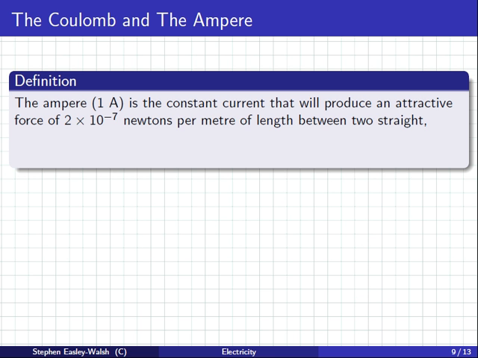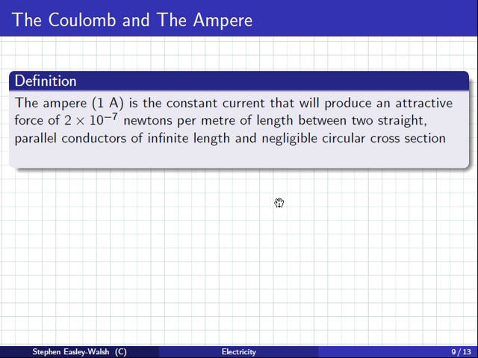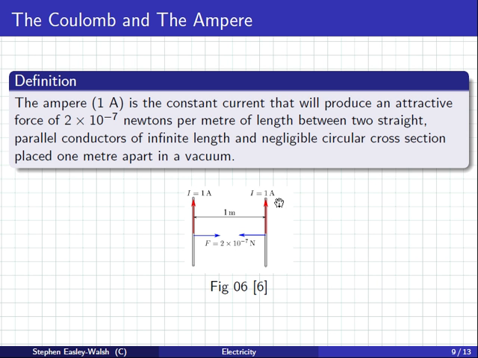1 amp is the current that will produce a force of 2 times 10 to the minus 7 newtons per meter between 2 straight parallel conductors of an infinite length and negligible cross-sectional area 1 meter apart in a vacuum. So, let me explain that. Imagine you have a piece of copper here, and a piece of copper here, and there's a flow of electrons in each.